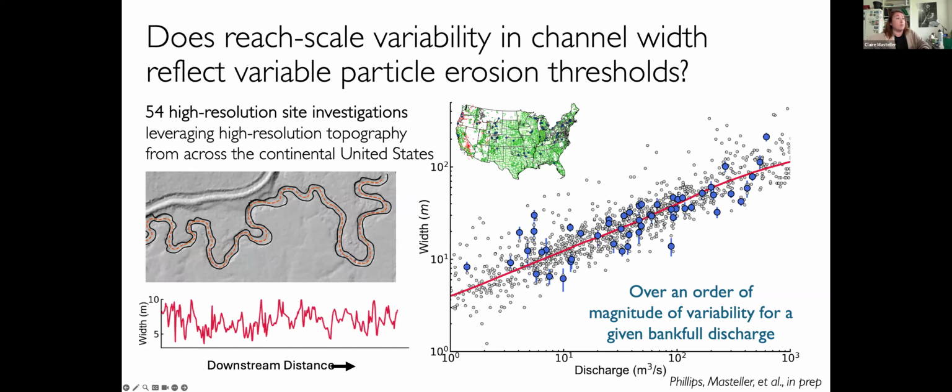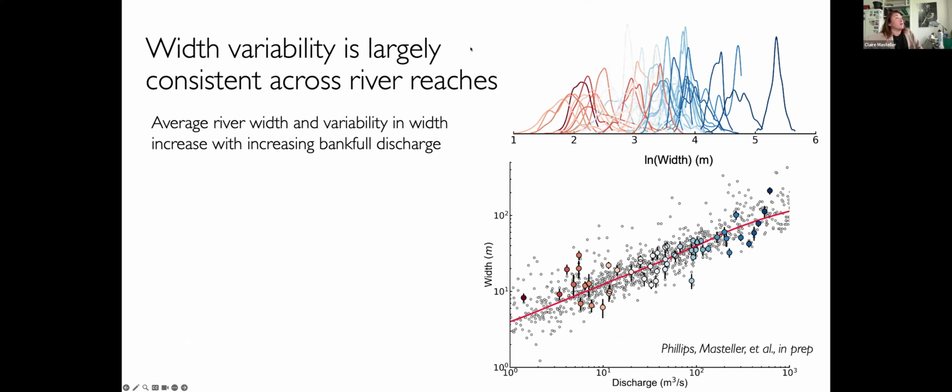What we did with this data is first we saw that the variability in width is largely consistent across our reaches. I've now colored them from red to blue based on site number. What we see, which is not surprising, is that average river width and variability in width tend to increase with increasing bankfull discharge.